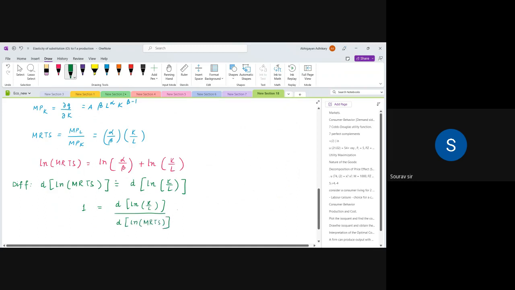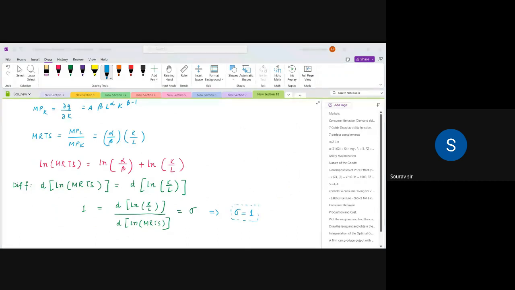And this by definition is your sigma. That means for a Cobb-Douglas production function, sigma is 1. It's a constant value. Got it everyone? Any questions?